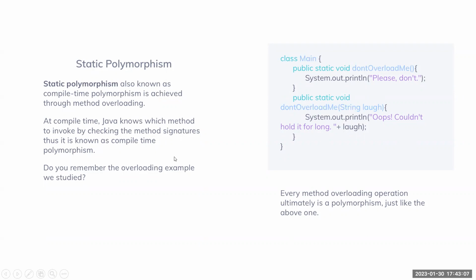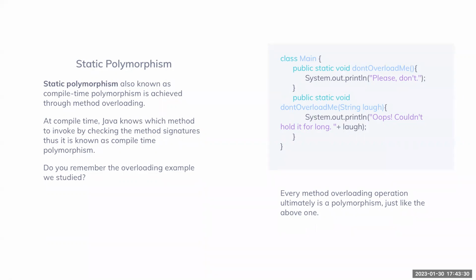Why do we call it compile time? At compile time, Java will know which method to invoke depending on the signatures.